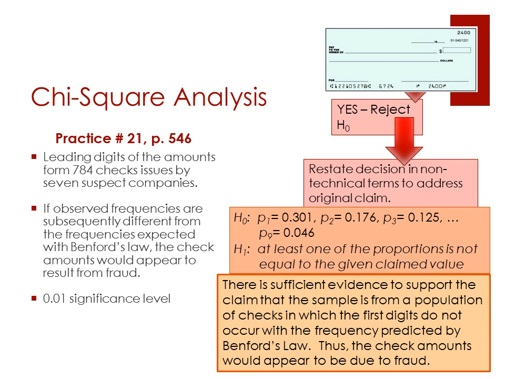Okay? So stating back in terms of the claim we've been asked to address, and then coming back to putting it succinctly, thus the check amounts would appear to be due to fraud. So this turns it back then to the overall question that we've been asked to address regarding the authenticity of the checks.